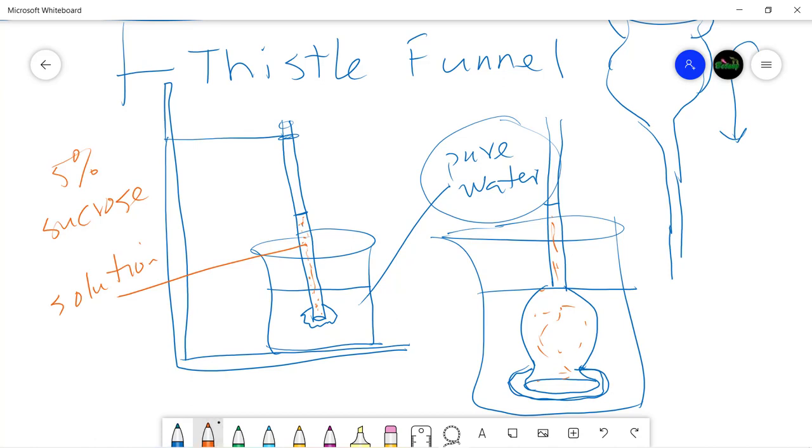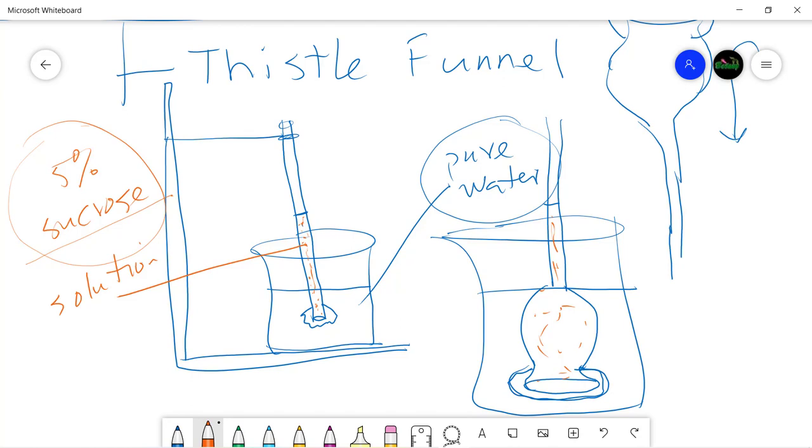As far as this sucrose solution is concerned, some of the water molecules are bound to these sucrose molecules, because when the process of solvation takes place, some of the free molecules of water get attached to the solute molecules, because the solvation process reduces the free energy of the solvent.